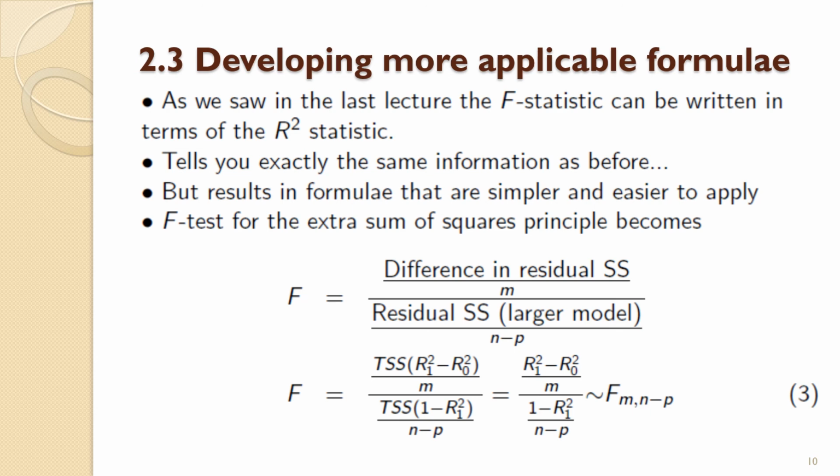An extension of this idea, the F statistic in terms of the R-squared statistic, so you've got the same bit of maths going on underneath it all, but actually it's a more general idea known as the extra sum of squares principle. So if you start with the difference in the residual sum of squares over m, on the bottom line.